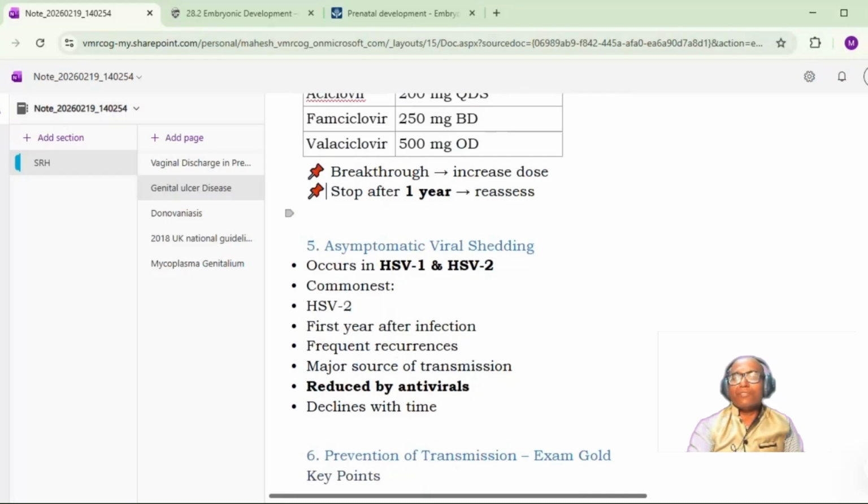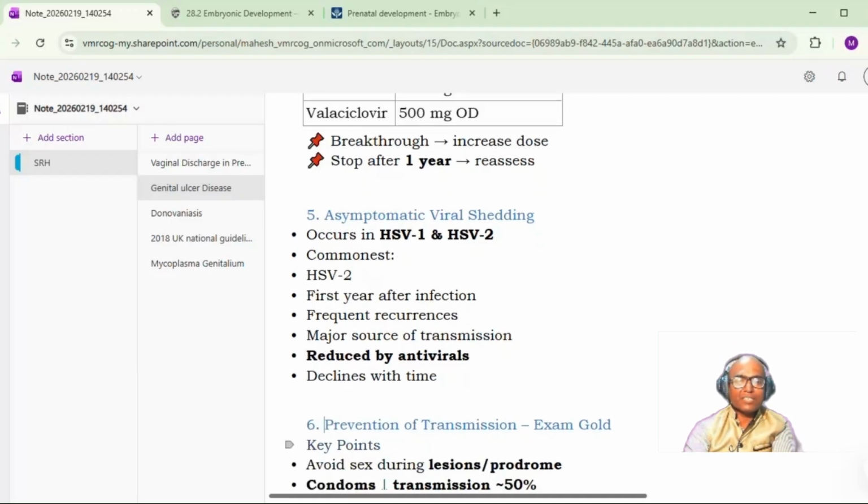Now, asymptomatic viral shedding occurs in HSV1 and HSV2, and it is more common with HSV2. Generally in the first year after the infection, frequent recurrences are known to happen, and it declines with time. Majority of the source of transmission is reduced by antivirals. So how will you prevent the transmission?